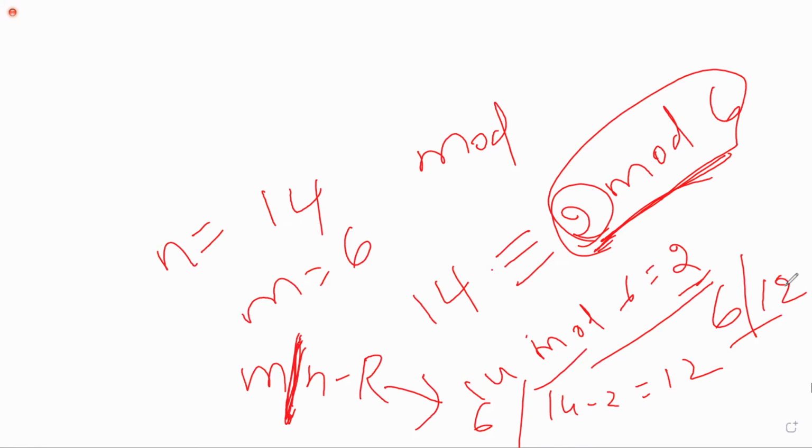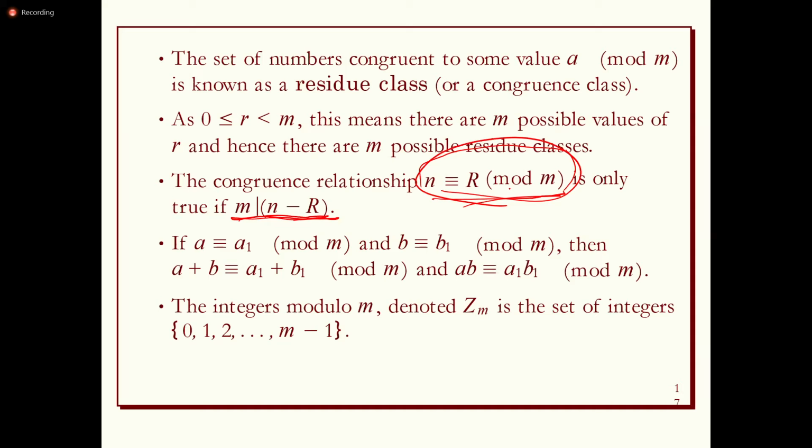So whenever n is congruent to R mod m, we can say that m is a divisor of n minus r. So m can divide n minus r. And there are some properties.